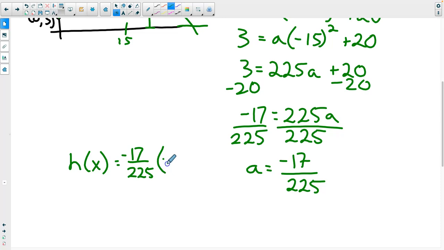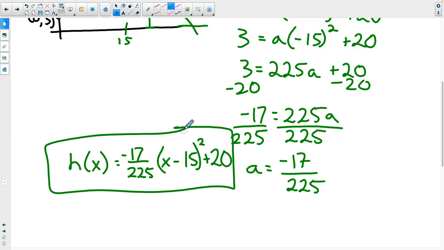So I go ahead and write this out. So x minus 15 squared plus 20. And that right there is our solution. So this is the quadratic that models when Max hit the baseball. And it would follow that baseball perfectly. Any questions?